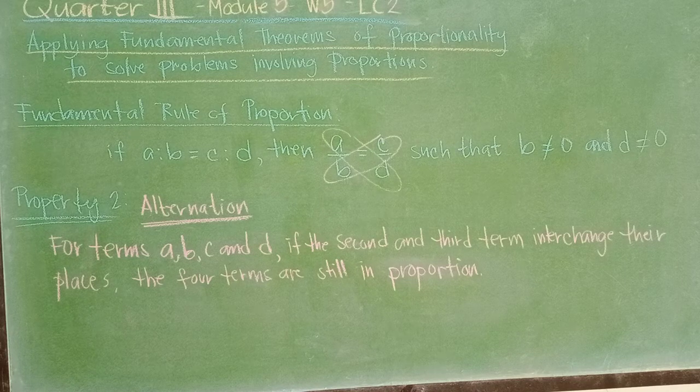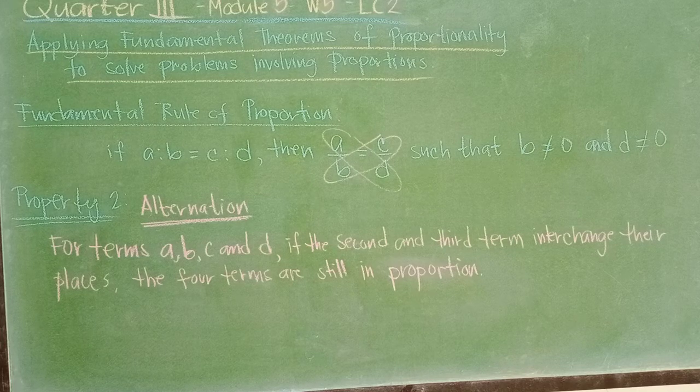For property number 2, we have alternation, or in other words, pagpapalit. For terms A, B, C, and D, if the second and third terms interchange o pinagpalit their places, the 4 terms are still in proportion.